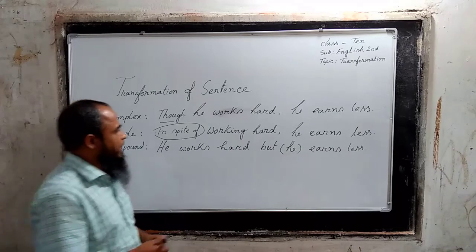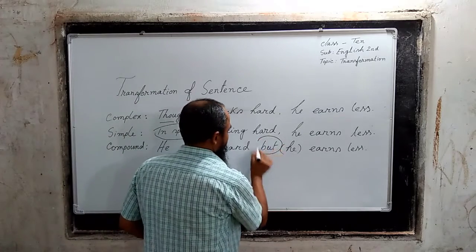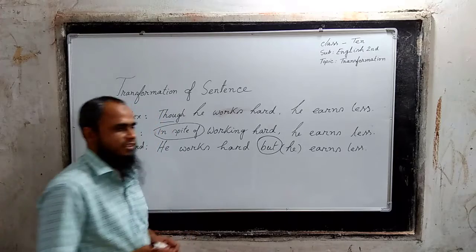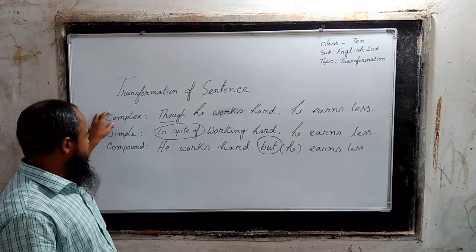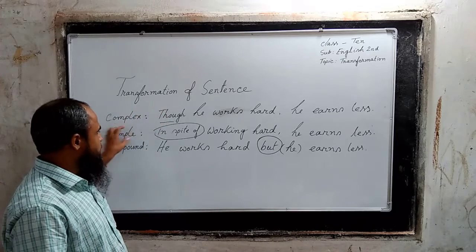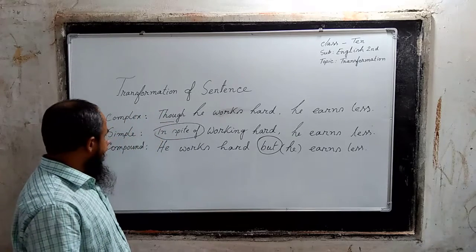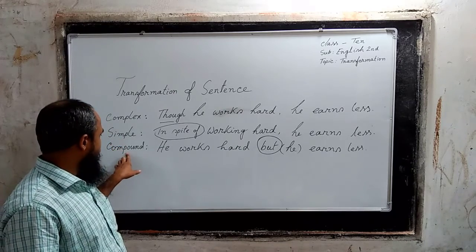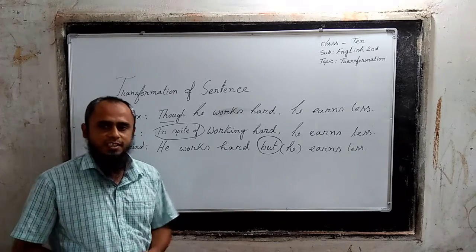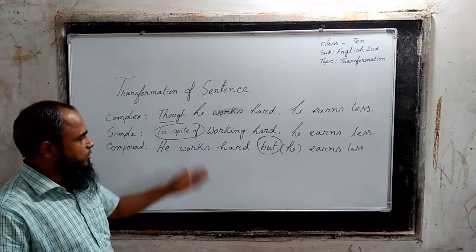He works hard, but he earns less. That means in our structure, this is the most important. In complex sentence, if there is though, you have to use in spite of. And if you would like to make a compound sentence, then you will use but. So this is the difference between these sentences.